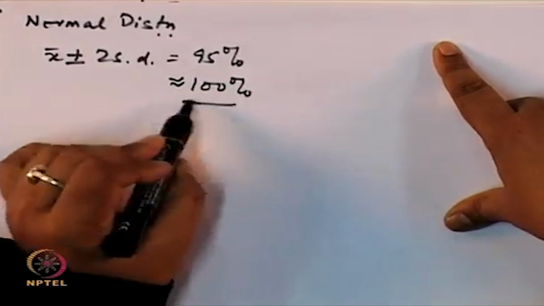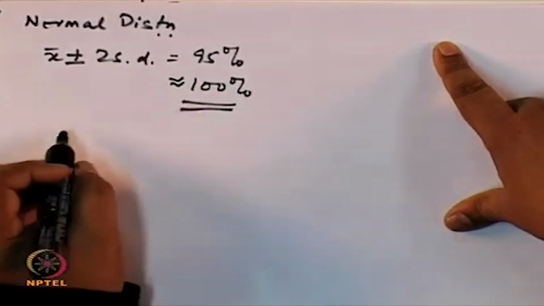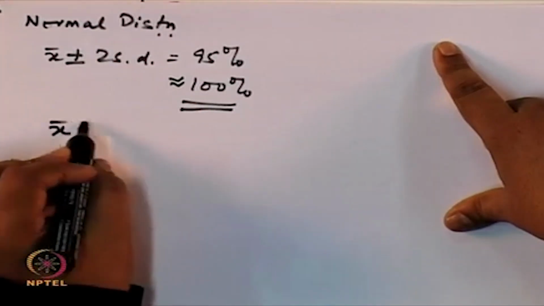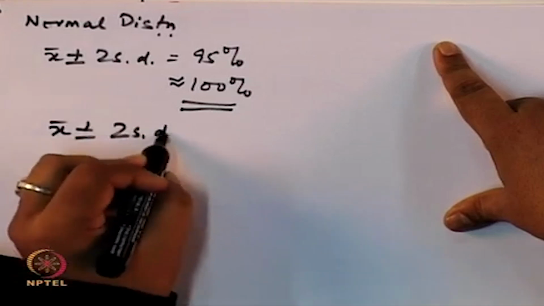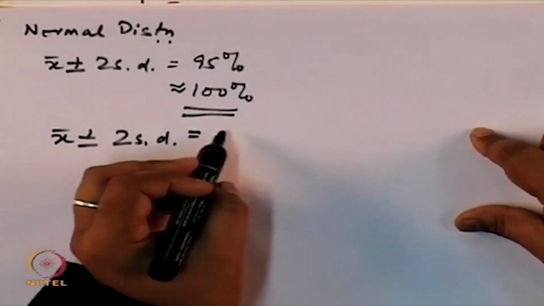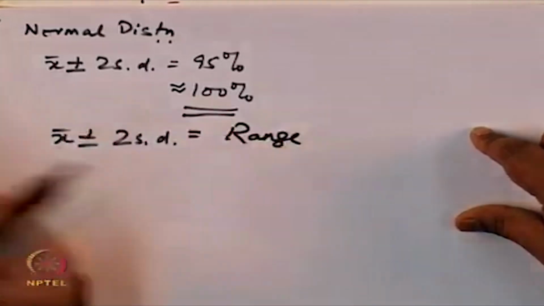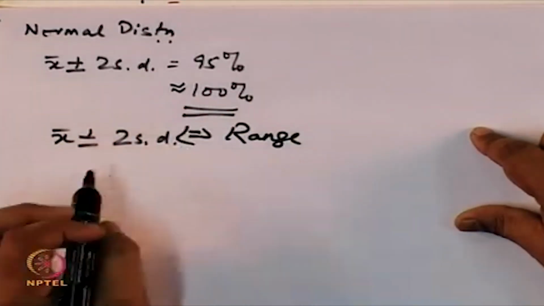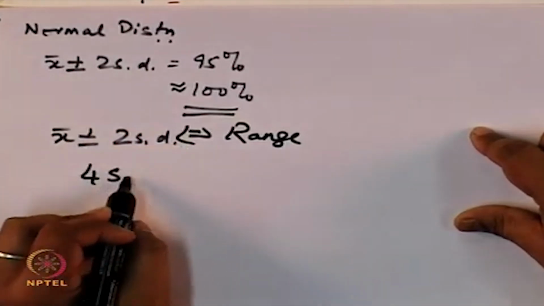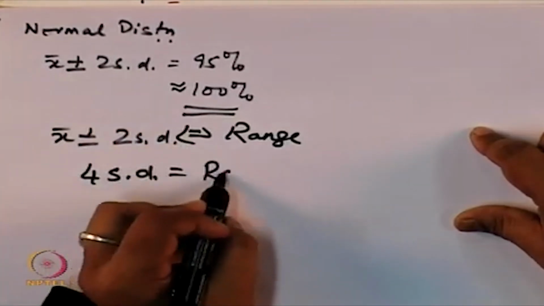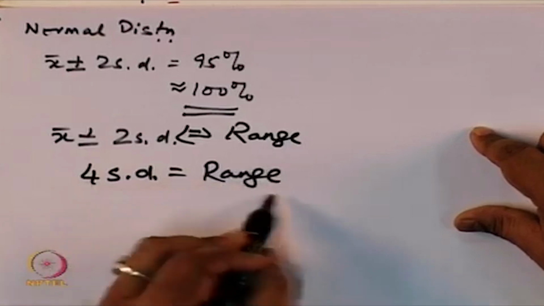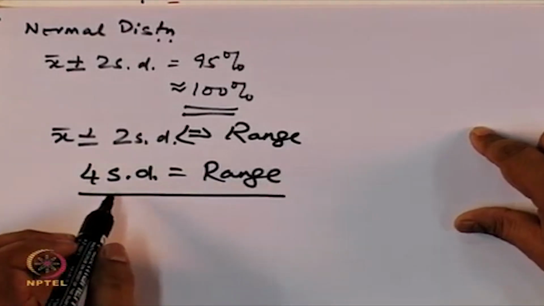So, x bar plus minus 2 standard deviations will simply be equal to the range. The range will give me the 2 extremes. So, this would mean that roughly 4 standard deviations is equal to the range. Okay. That is a very easy way to test.